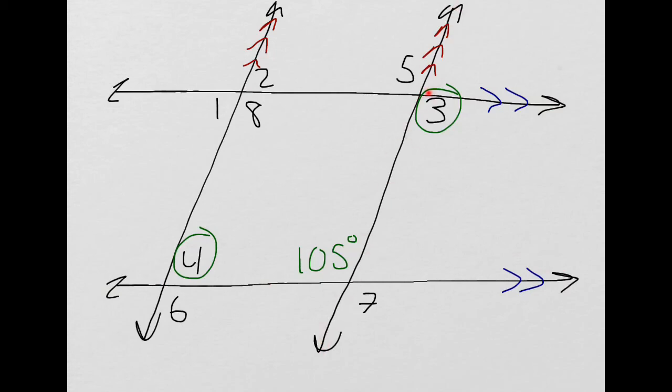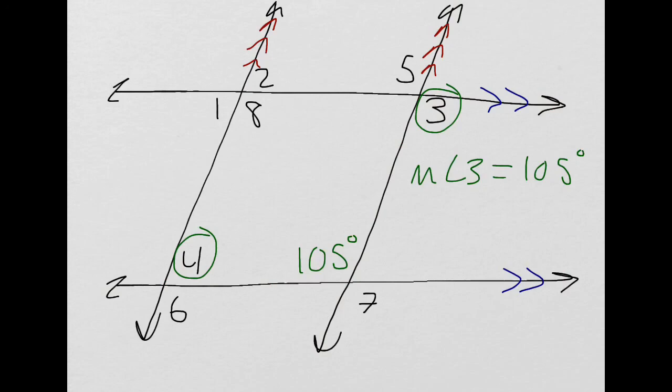So that means that angle 3 and this angle right here are actually alternate interior angles, and by the alternate interior angles theorem, I know that the measure of this angle is going to be equal to the measure of this angle. So the measure of angle 3 is equal to 105 degrees.